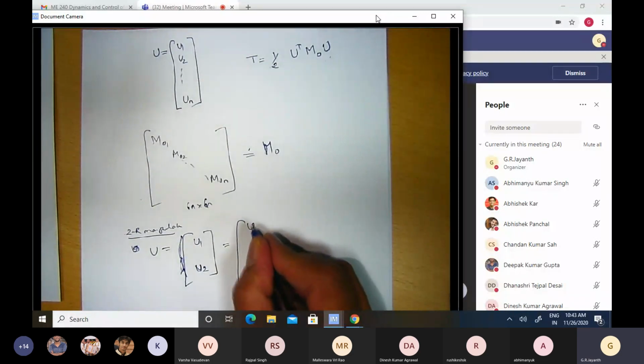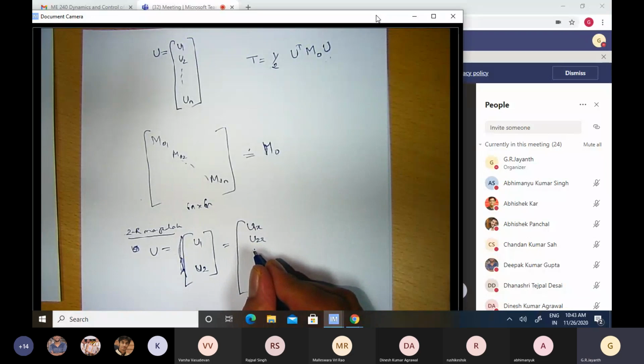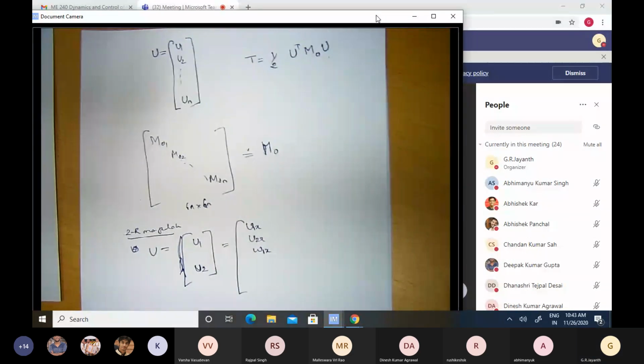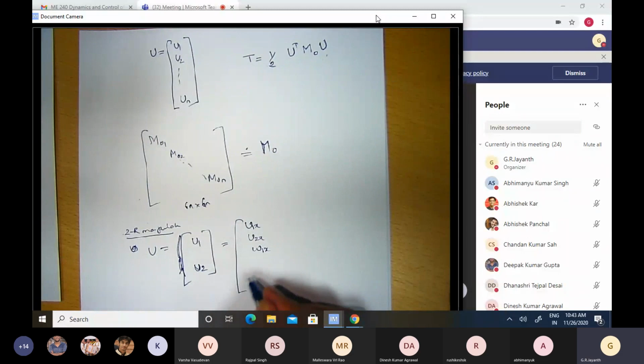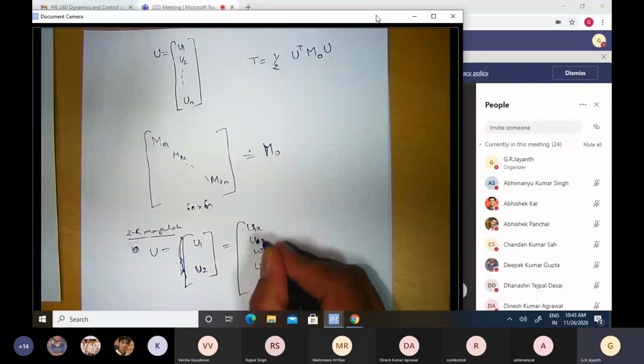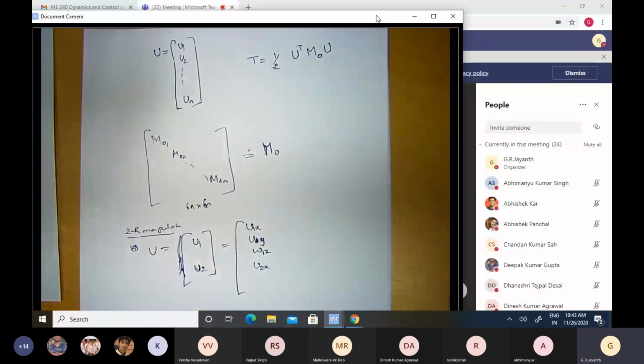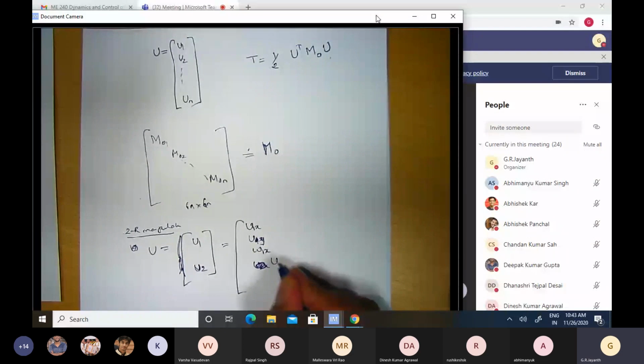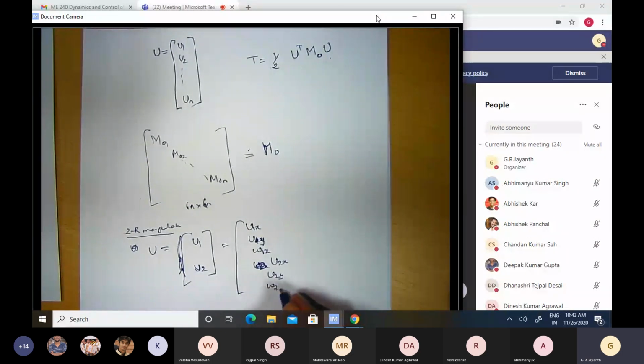So it will be V1x, V1y, and then omega 1. And U2 will be V2x, V2y, and then omega 2.